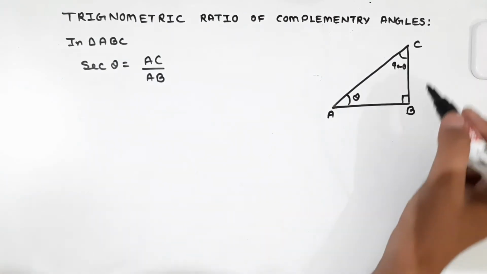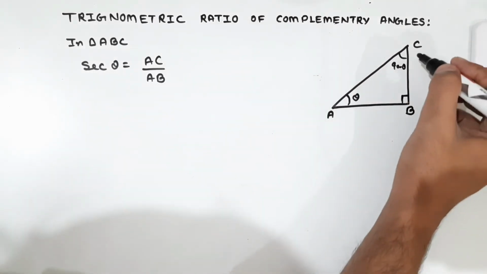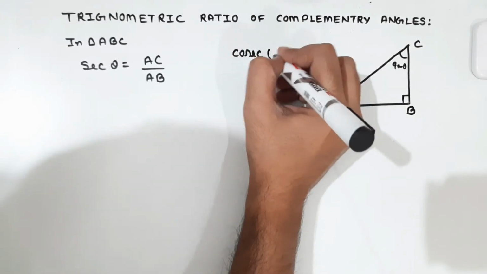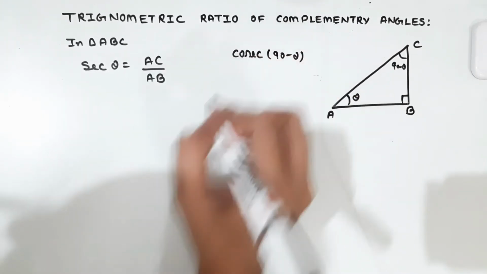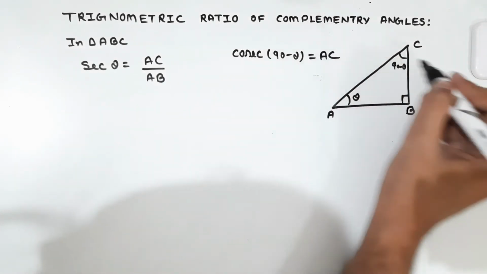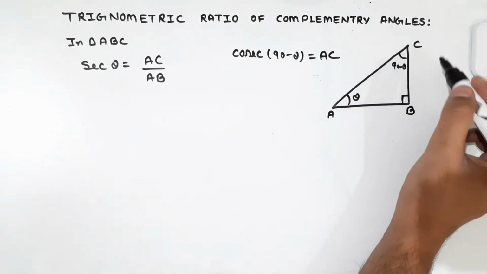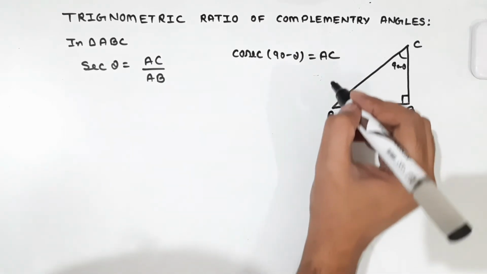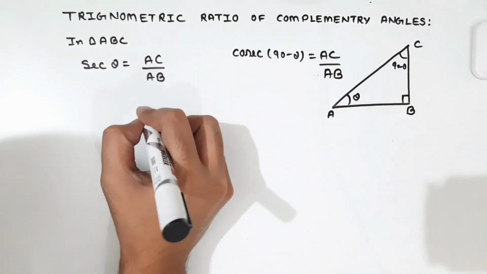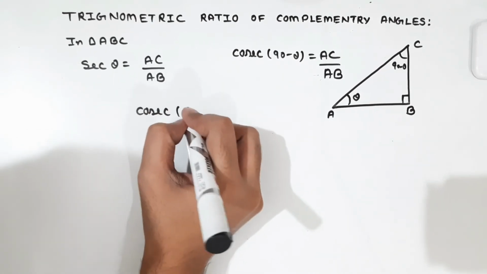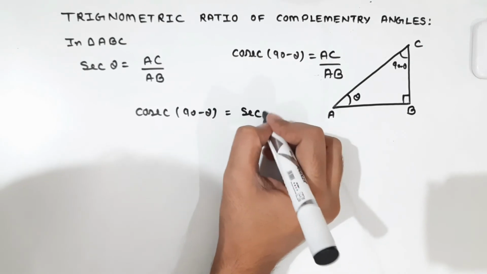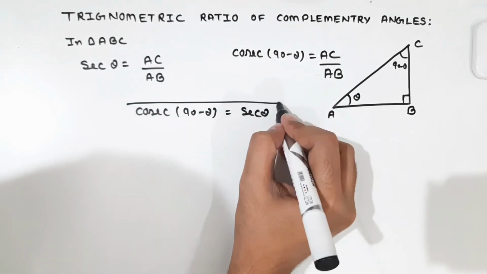Then cosec of angle 90 minus theta will be hypotenuse AC with respect to 90 minus theta upon perpendicular, that is AB. So from here cosec 90 minus theta will be equals to sec theta.